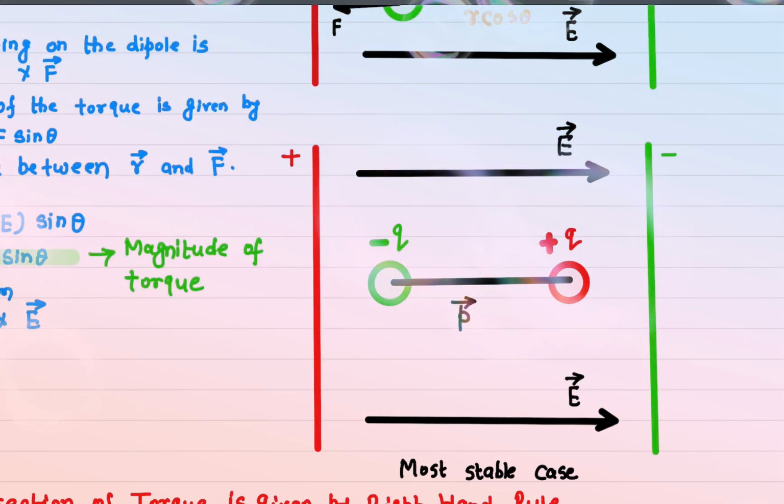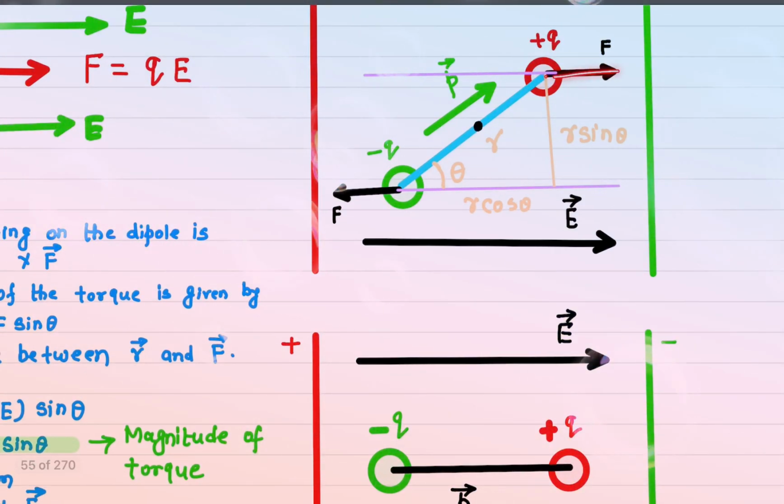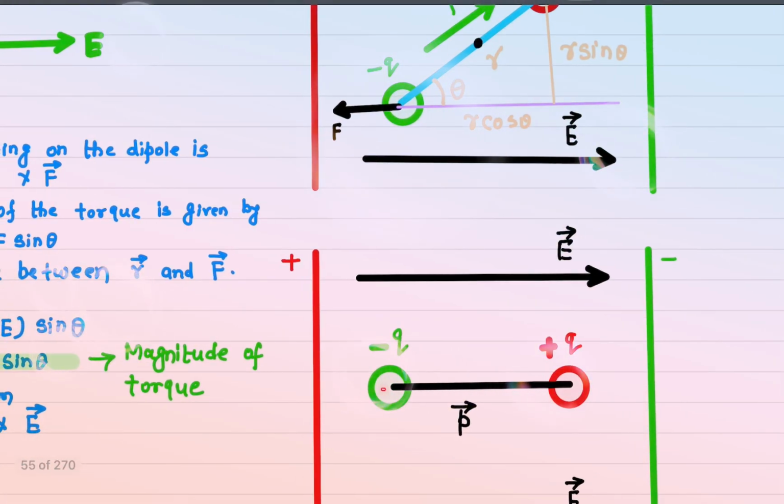This will be the most stable condition. You see the force will try to rotate it this way. So the most stable case is aligning the dipole with the electric field. That's the reason physicists have chosen the direction of the dipole from negative to positive charge. But in chemistry, you can equally choose from positive to negative. So this is just a sign convention.